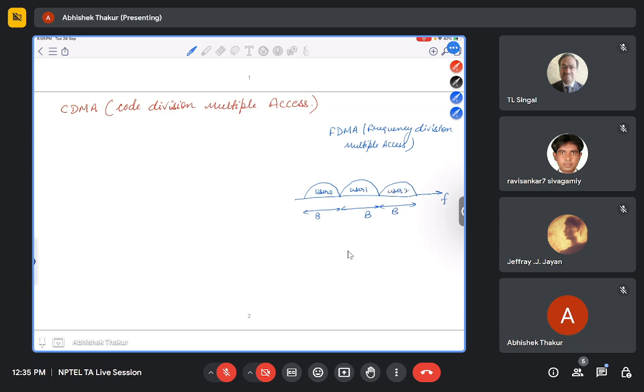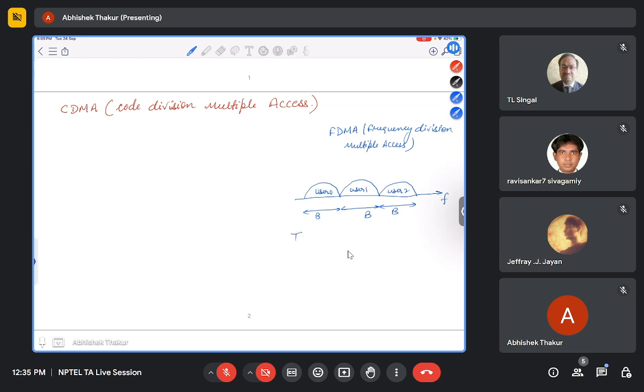So in this, the resource is divided among multiple users, and they can receive and transmit at the same time. But each user cannot access the complete bandwidth, so the data rate and spectral efficiency were less in this FDMA. But the advantage was that all users can do communication at the same time.